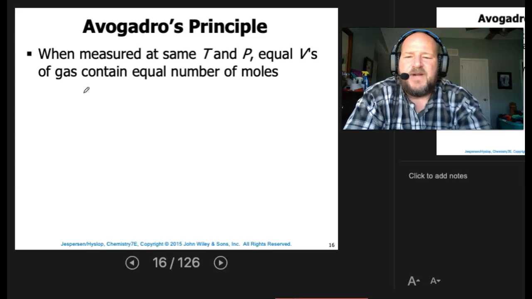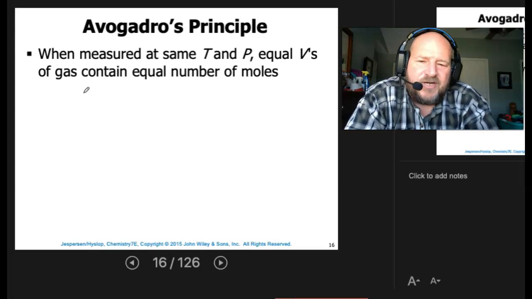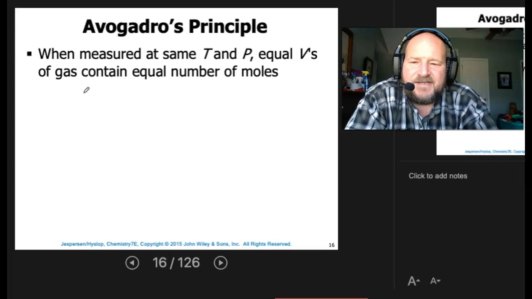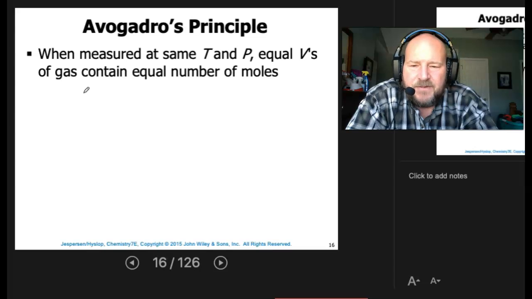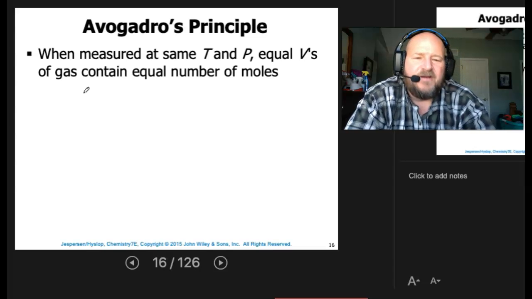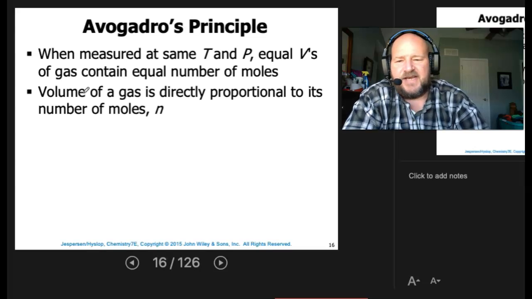Avogadro's principle, when measured at same temperature and pressure, equal volumes of gas contain equal number of moles. So again, it's not going to matter what the gases are. If the temperature, pressure, and volume are the same, then the moles have to be the same.